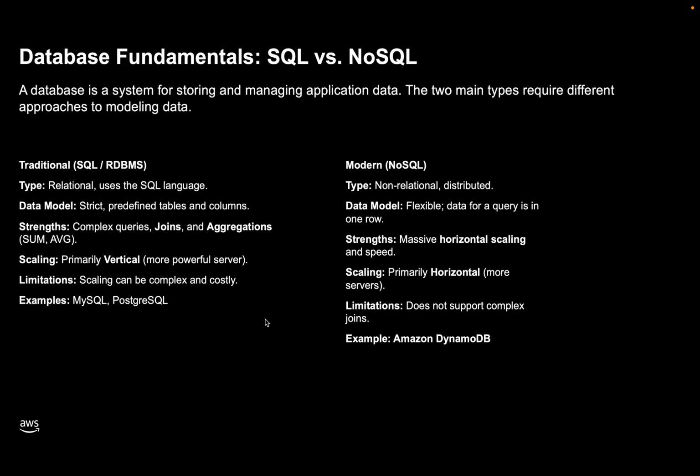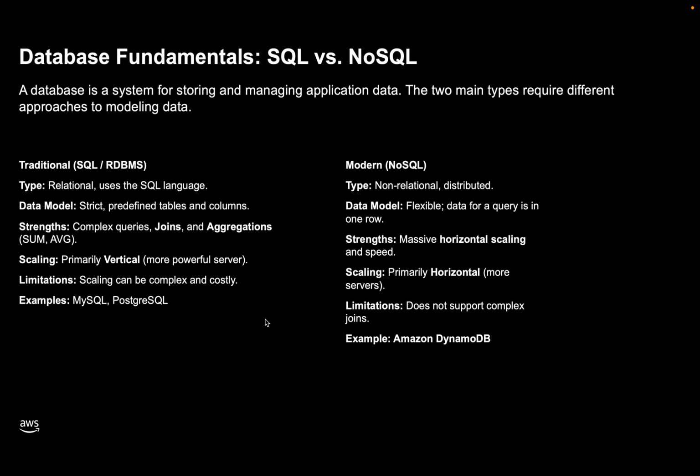Coming to scaling, in the traditional database it is primarily vertical, which means a more powerful server, by increasing the RAM, the CPU, and the storage capacity. Here we are doing horizontal scaling with more servers.